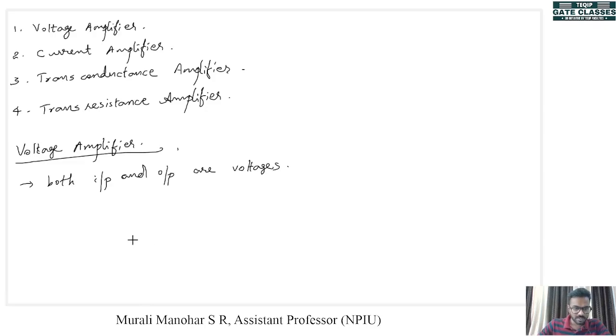So it will look like this. Here we have our Vs, which is the signal. Then the signal source will have a source resistance. This is Rs. After this, our amplifier circuit comes, and the amplifier circuit is modeled as a two-port network.